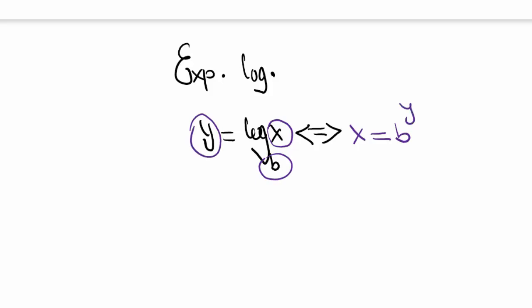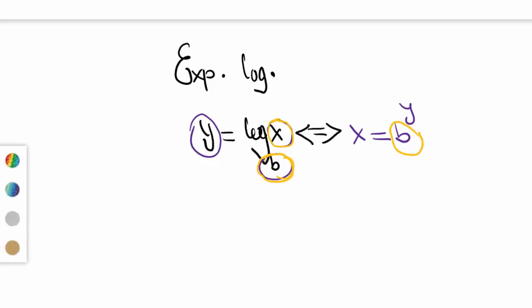Now guys, what happens is the base for the logarithm and for the exponential expression remains the same. What changes is the location of x and y. We say that y is equal to log base b of x implies that x is equal to b to the power of y, right?